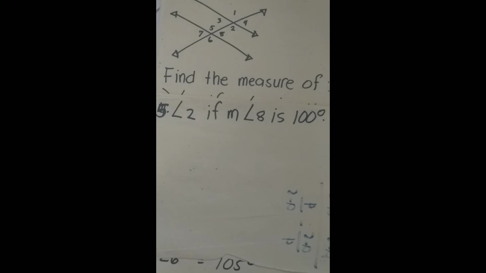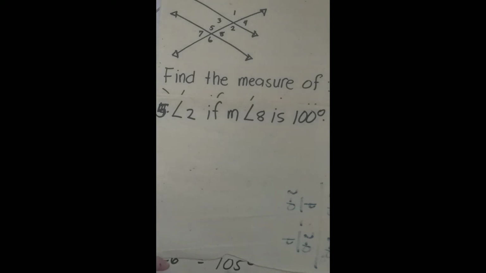And if the angle pairs are same side interior angles, meaning they are supplementary. Supplementary angles are angles whose measures sum up to 180 degrees.